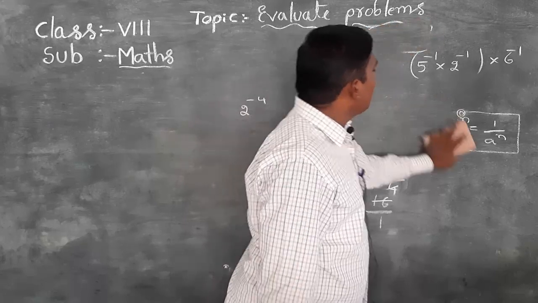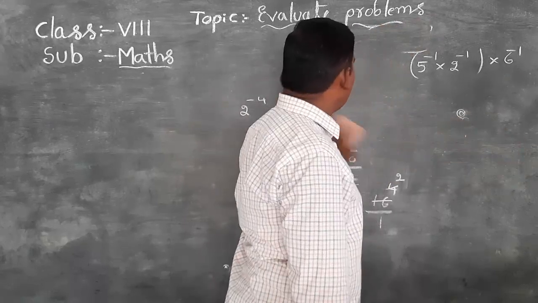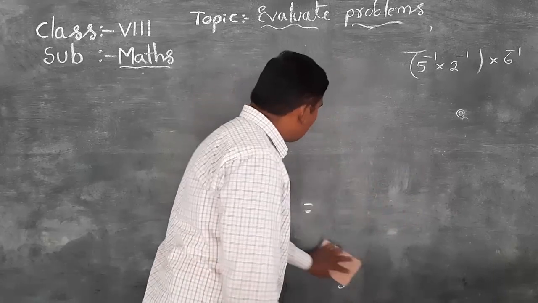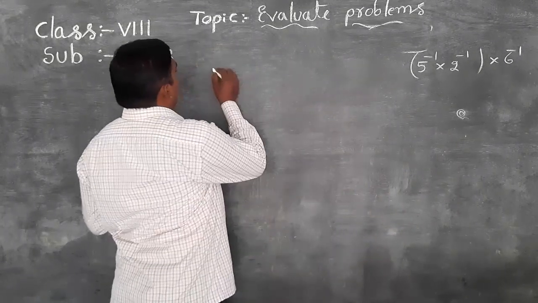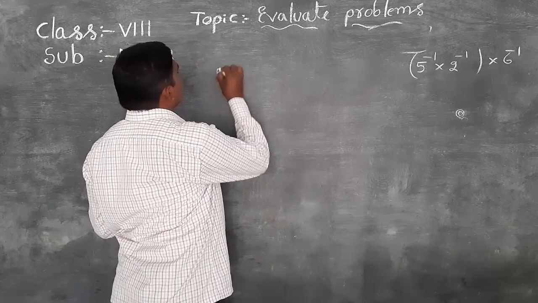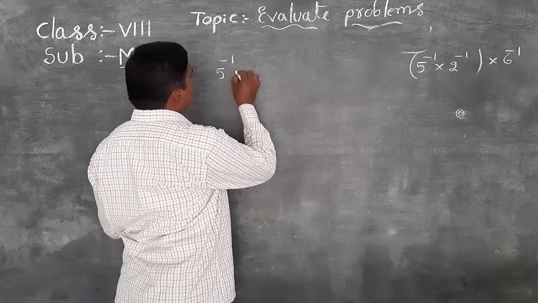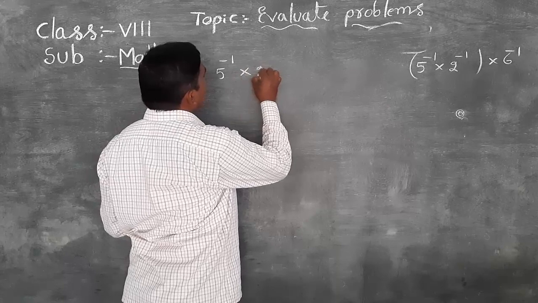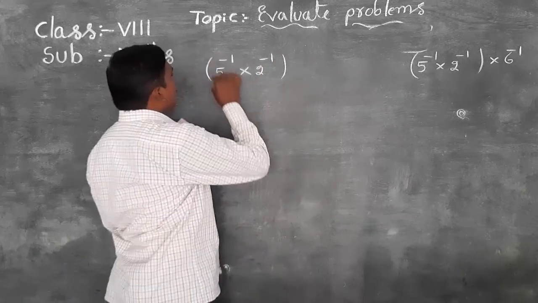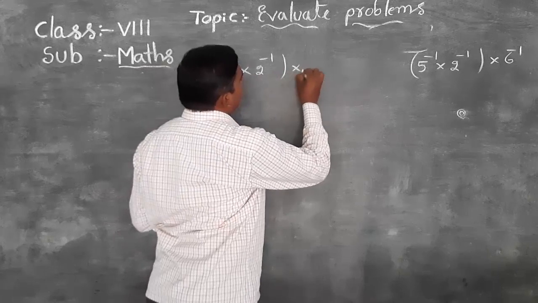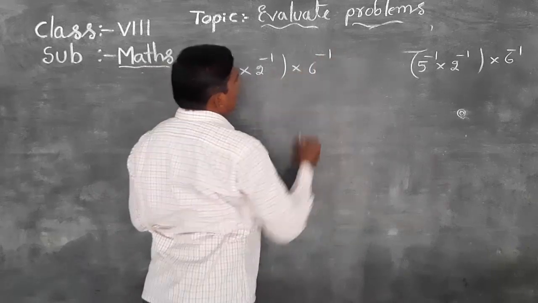same this formula only, A inverse is equal to 1 by A. 5 inverse into 2 inverse into 6 inverse.